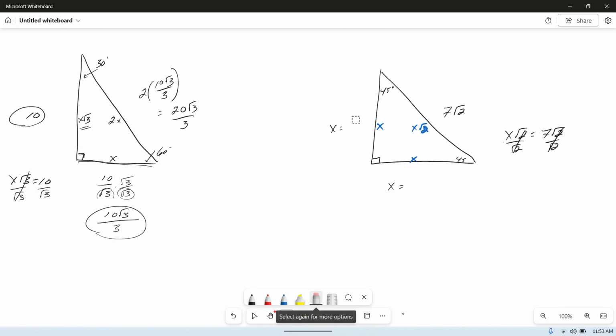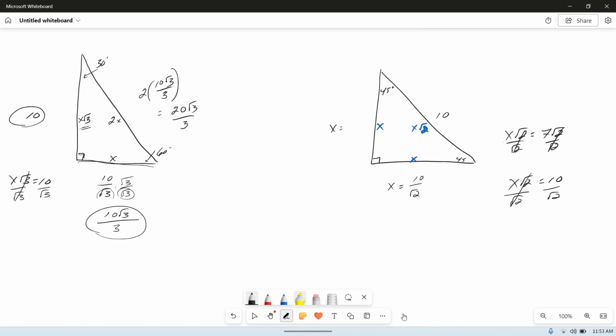That's not as difficult as this next situation. So suppose the hypotenuse is 10. Now in this case, instead of having x root 2 equals 7 root 2, what we have is x root 2, the hypotenuse, is equal to 10. So I'm going to divide both sides by the square root of 2, and x is equal to 10 divided by the square root of 2.